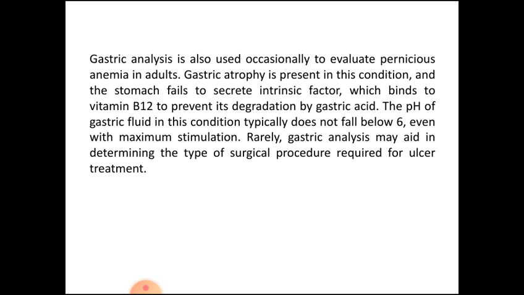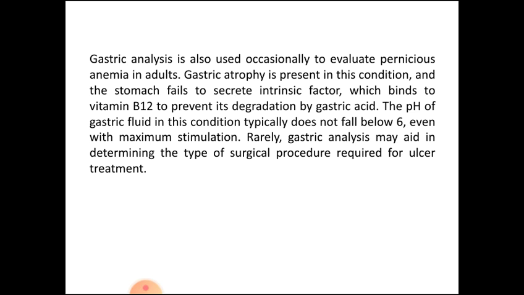This is one of the main reasons to do gastric analysis, to measure the intrinsic factor, which is produced by the parietal cells of the stomach. This intrinsic factor is very important when it binds with vitamin B12, to protect it from being destroyed.